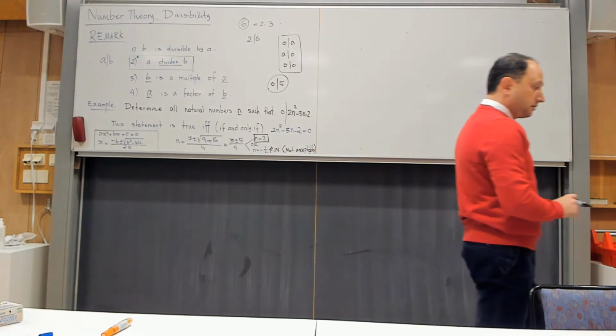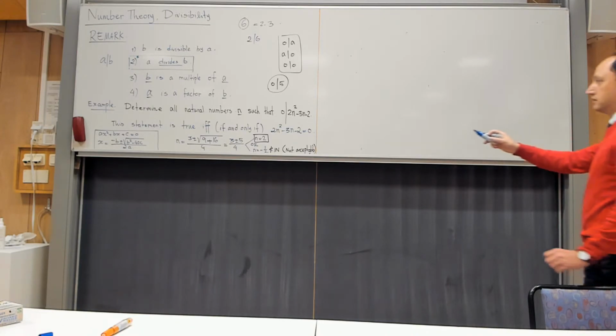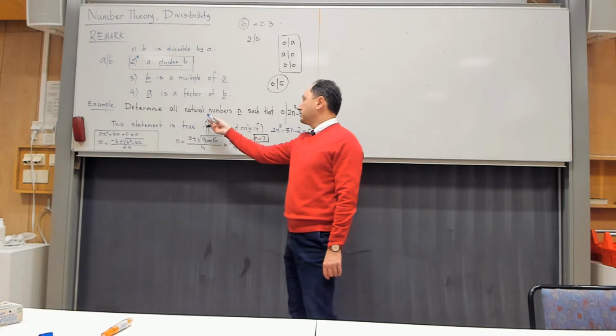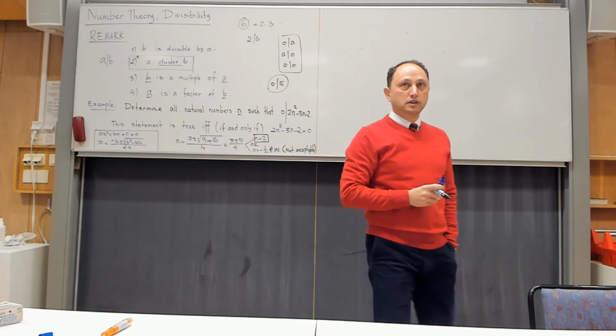But actually, the problems in number theory are extremely hard problems. Yes? No, because here I have asked for natural numbers. So the reason that I want to say that this is not true is because it does not belong to the set of natural numbers.